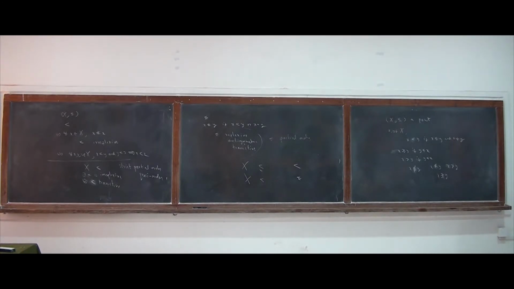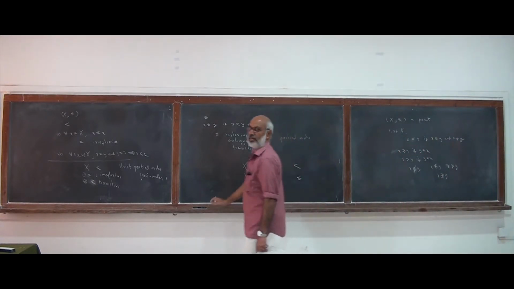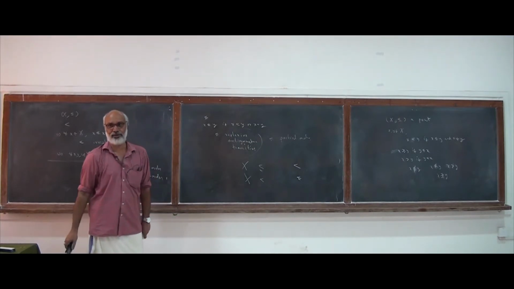So instead of defining a partially ordered set as a set with a partial order on it, you can also define it as a set with a strict partial order or quasi order. In some books that approach is also used, but we are not using that approach.